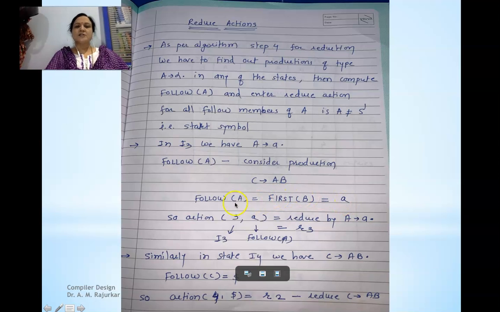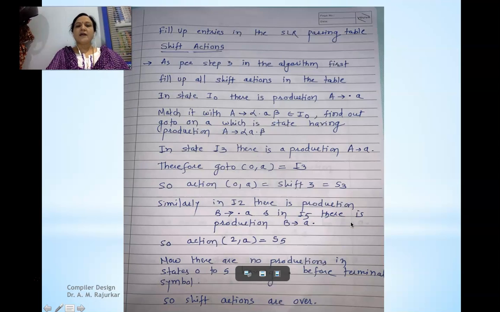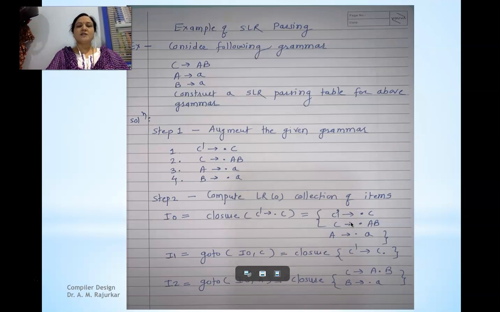So what is the action here? Action will be 3, the state 3, I3, in which we have this production. 3 comma follow member of A. What is the follow member of A? It is small a. So 3 comma a is equal to reduce by this production. Now writing the whole production in the parsing table will not be convenient. So we adopt a method of writing the number of the production.